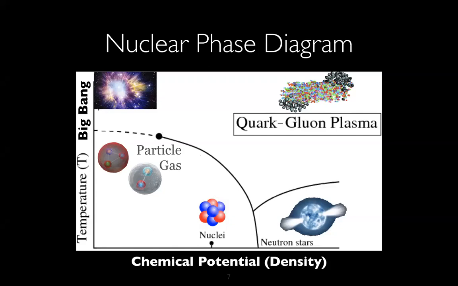So okay, here's everything on one big picture, the nuclear phase diagram, right? And we'll talk a bit about phase diagrams later when we get into the details. But we've all probably seen, even in high school chemistry, a phase diagram about water, right?